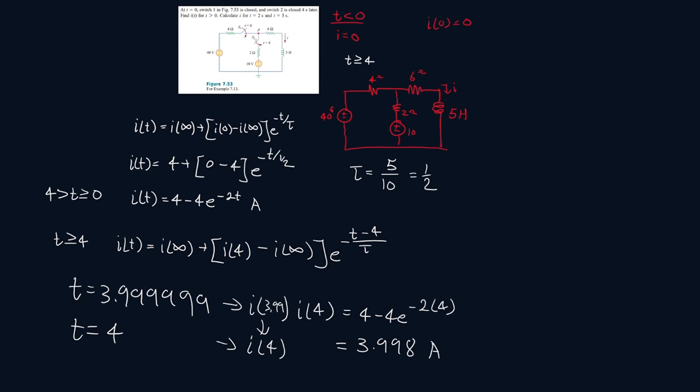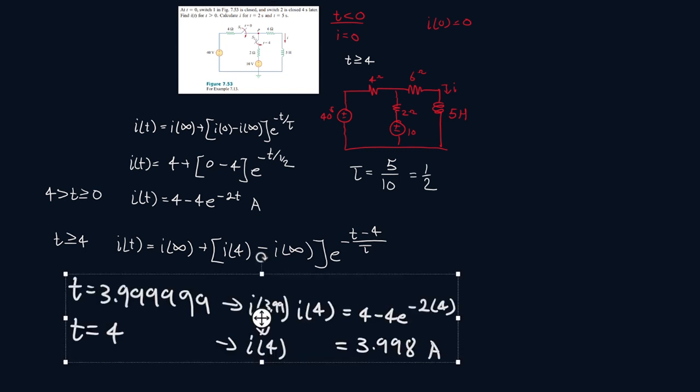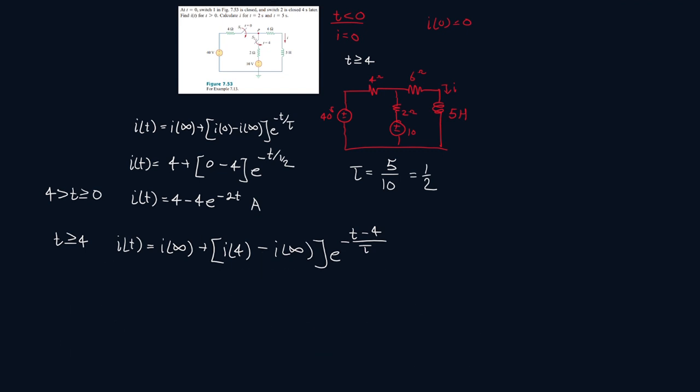So we might as well just set this to 4. I hope I was able to explain it well, but just know that we're allowed to use the previous formula just to figure out I of 4. Now we just have to figure out I infinity.